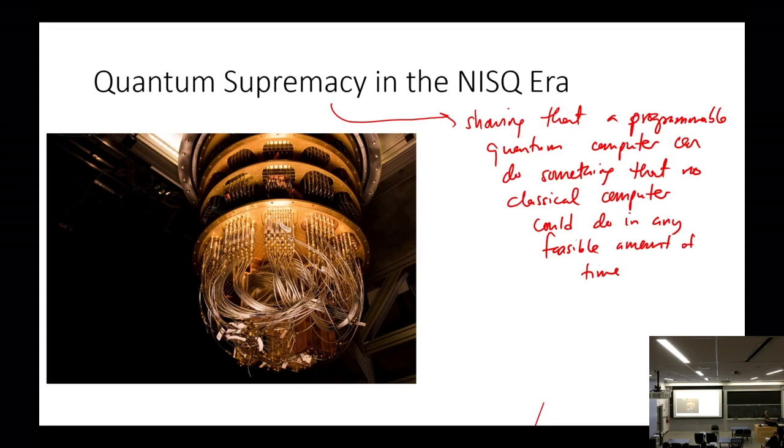What's interesting about this idea, this concept was coined by John Preskill in 2012. And the annoying thing about it is that the problem that the quantum computer solves doesn't have to be useful. So it can be a toy problem, and you can still claim quantum supremacy.